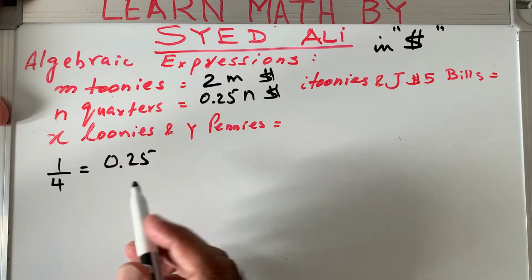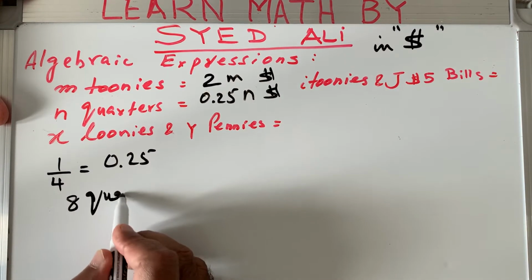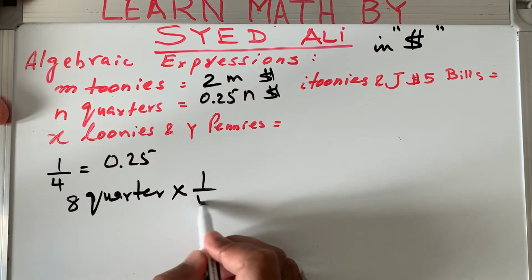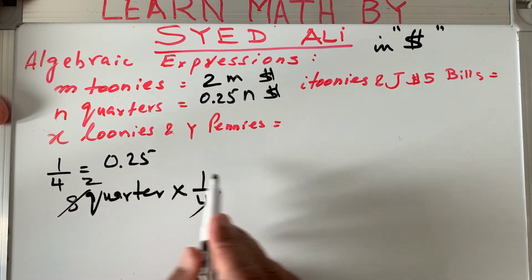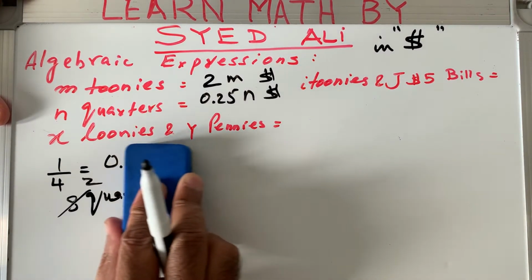If I have, for example, 8 quarters, how many dollars do I have? Times 1/4 or 0.25, so I have $2. So from this expression, whatever quarters I have, I can calculate my dollars, right?